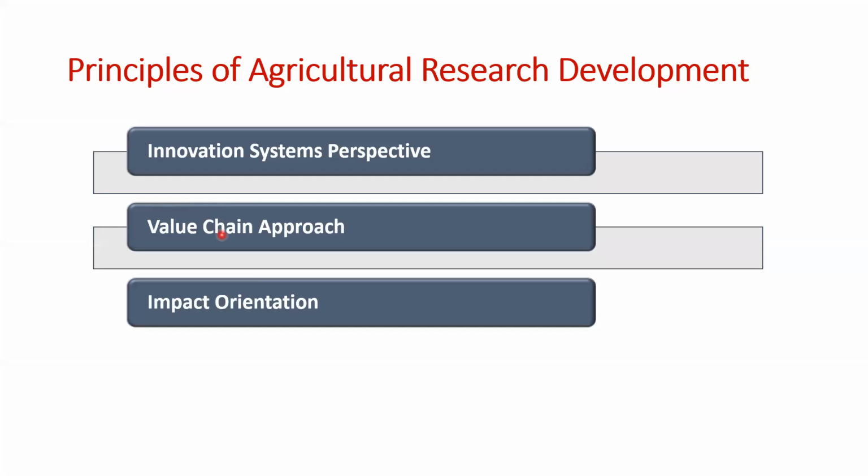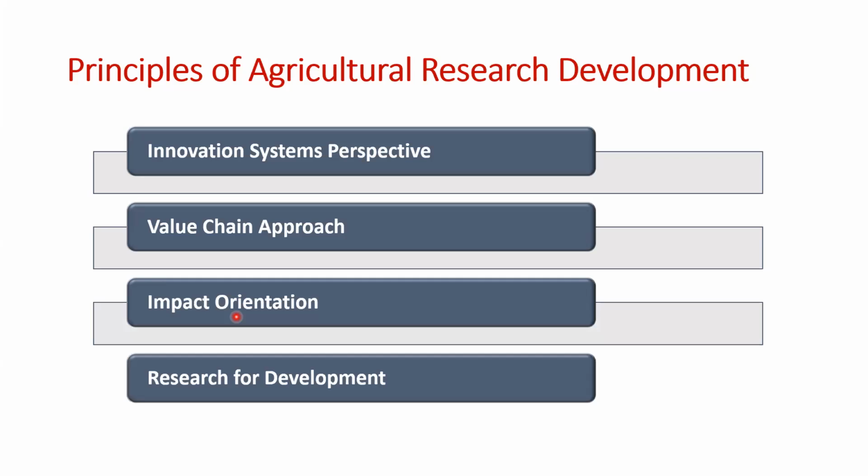Then we have an impact orientation, what will be the impact of your research, to identify the impact of different agriculture practices and different agriculture interventions. And then research for development, that you are going to develop the agriculture sector. So these are four basic principles on which your agriculture research lies.